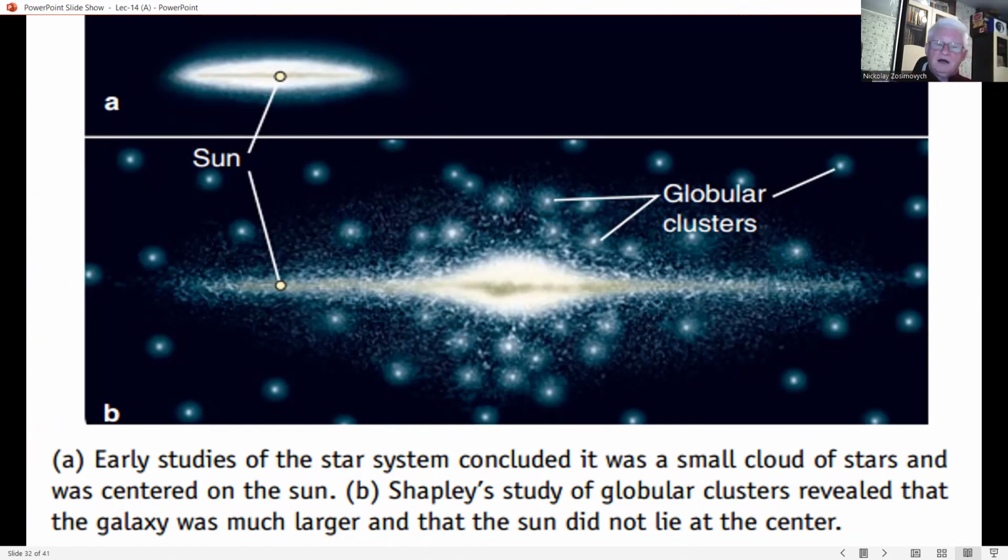It isn't clear who won the debate, but in 1923, Edwin Hubble photographed individual stars in the Andromeda galaxy, and in 1924, he identified Cepheids there. Really, the faint patches were other star systems like our own.